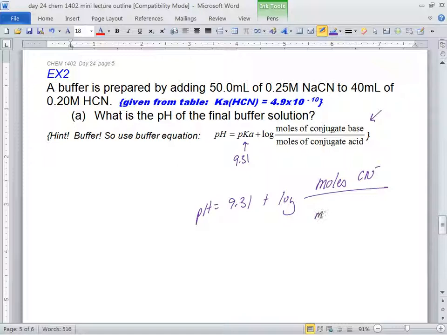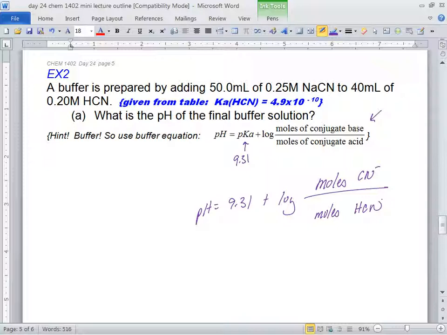The conjugate acid, everybody, would be HCN. Okay, so here's really our equation. But you're right, Kenneth. This sodium cyanide and cyanide are the same thing. You get the moles of sodium cyanide, that's the same as the moles of cyanide. I mean, it's 1 to 1. So it might be easier to write sodium cyanide up there, in fact, because then you can see what to do.